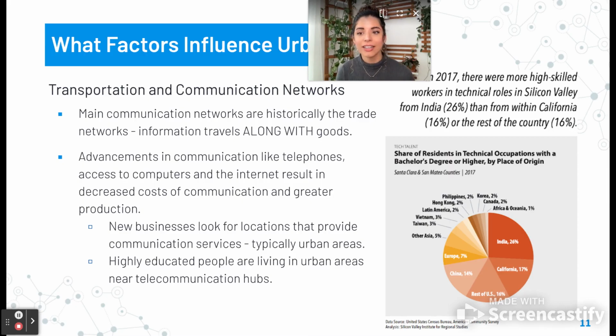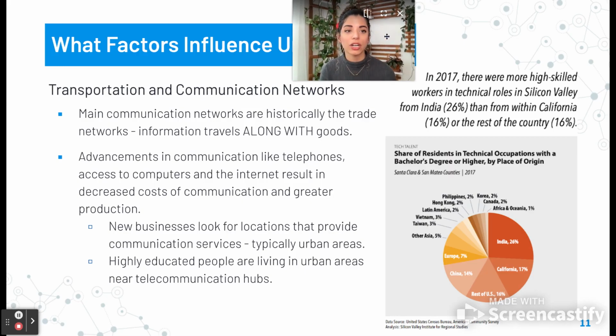Communication technology like phones, computers, internet, then results in decreased cost of communication and then greater production. So new businesses look for locations that provide communication services, usually urban areas. And we start to see highly educated people living in urban areas near telecommunication hubs.